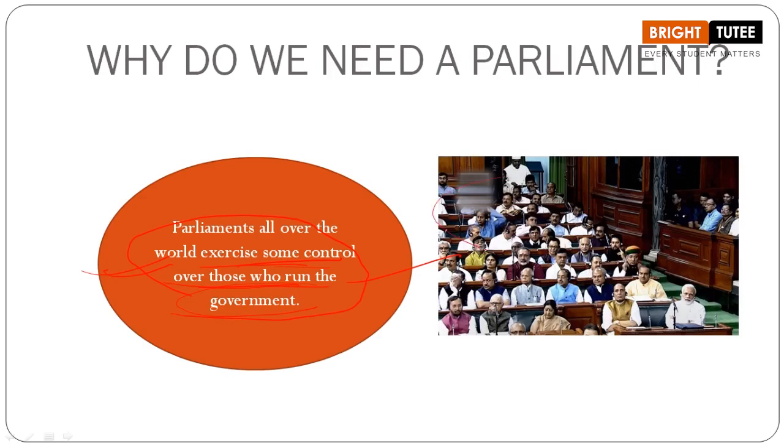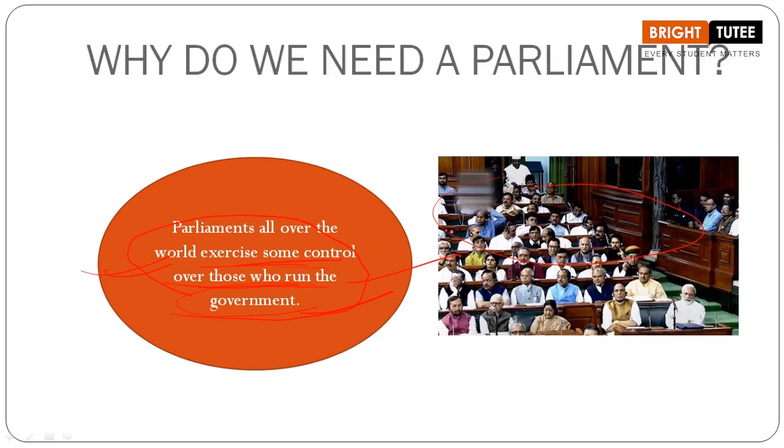Now, when we are talking about those who run the government, it means that we are referring to the people who are in majority, the party that is in majority, and that is the ruling party. So, definitely, we saw that the legislature also has a hold on the executive. Yes, students. Now, you will understand this point again. Why?